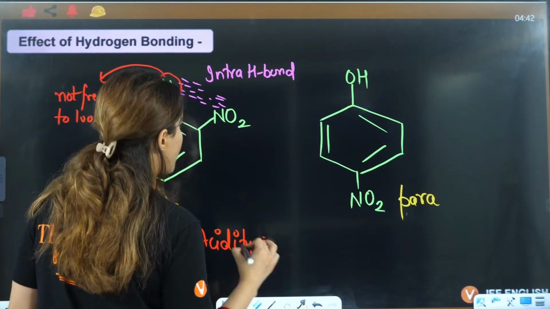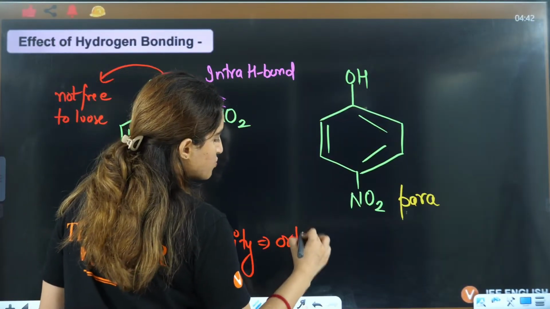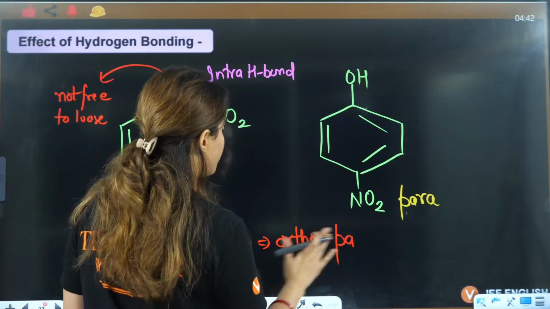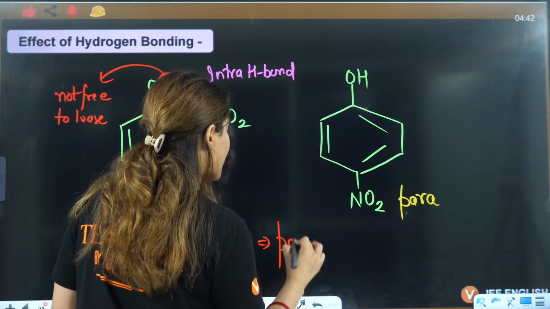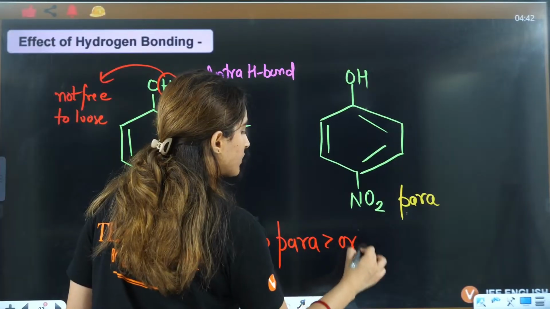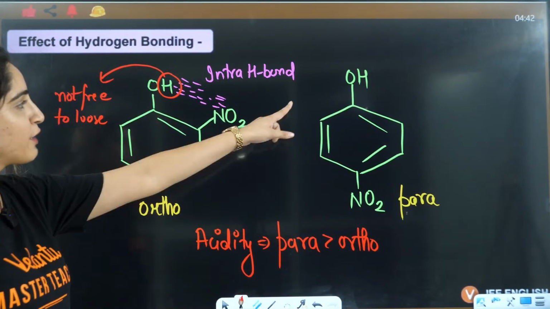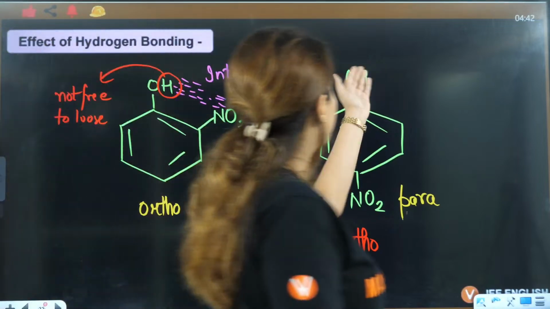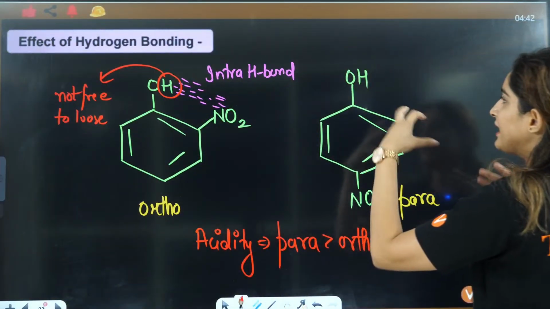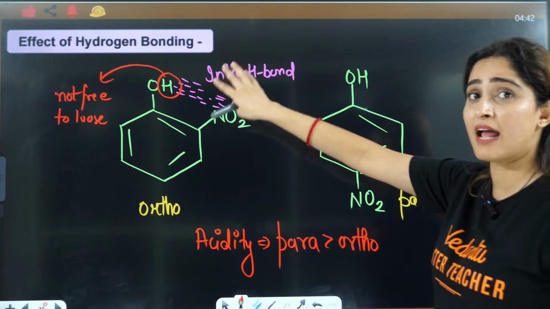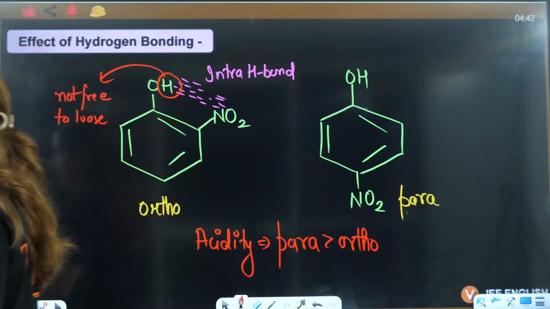Acidity of ortho is more than para. Wait a minute, no, para is more. Para is more than ortho, right? Because this hydrogen is not ready. This hydrogen is like, yes, I can go because I am not under any intra-hydrogen bonding. So because of intra-hydrogen bonding, this hydrogen is not free, right?